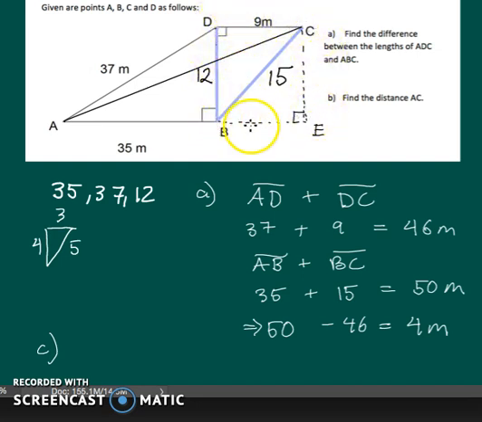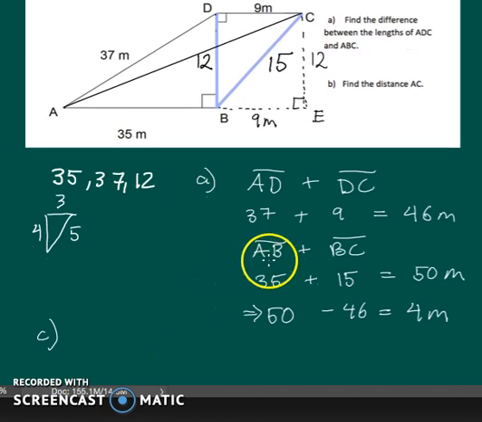It's 9 meters on top, and I know that because it's a rectangle, this is also going to be 9 meters. And what about this side here, CE? Well, I've got this nice rectangle here. I know that DB is 12, so CE will also be 12. And now I have all the measurements I need in order to treat this as a right triangle.